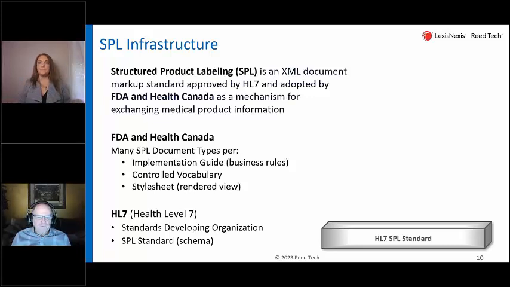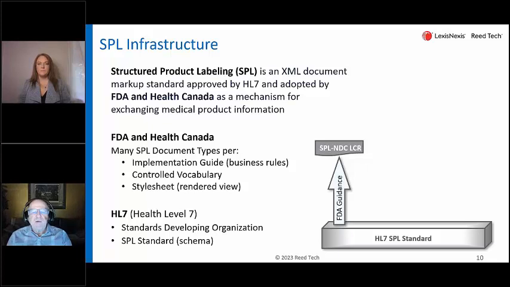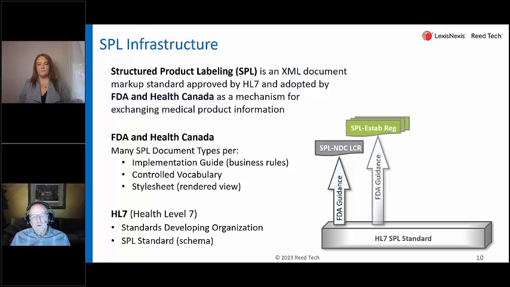Now, if we start off with the FDA, they first implemented, or not first, but now have a suite, I should say, of various SPLs for labeling. So there's an NDC labeler code request that you can build with this SPL.